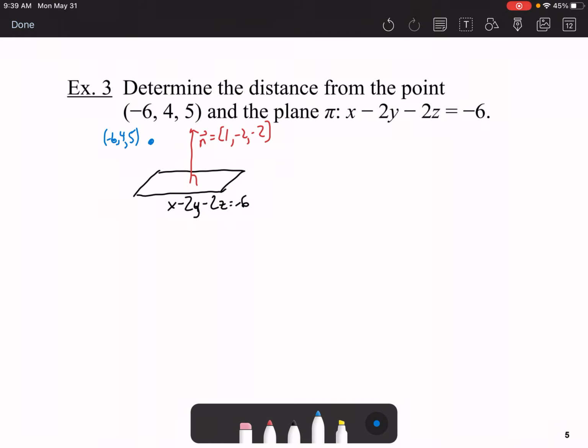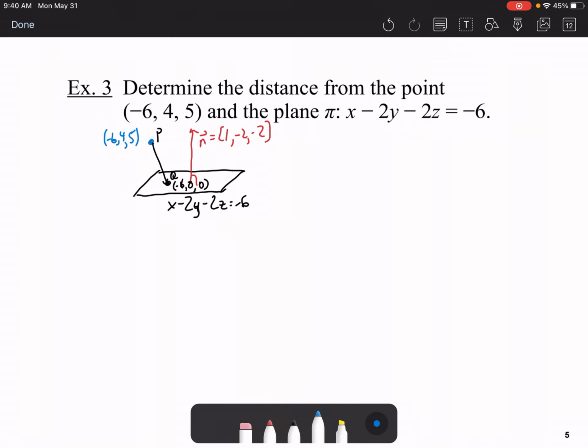Well, what you can do is find a point that's actually on the plane, which you can call your points P and Q. Then you can take that PQ and project it onto the normal to find its length, just like we did before. So in this case, I need to find a point Q. Easy point for point Q is just negative 6, 0, 0, just using an x-intercept here.